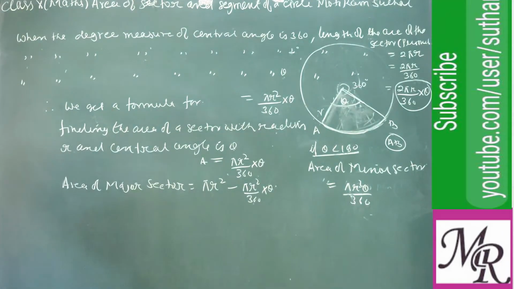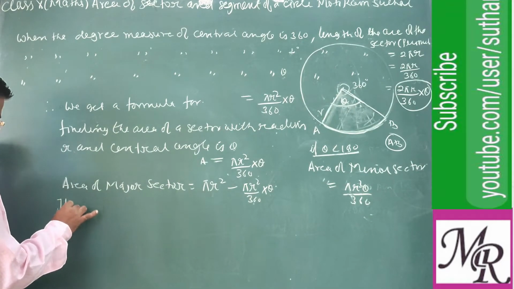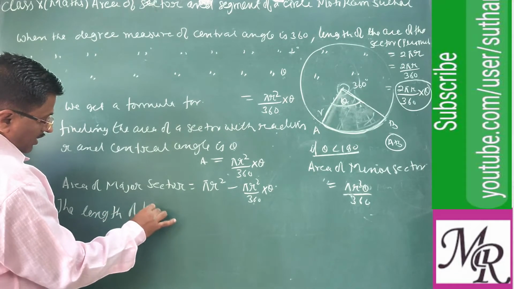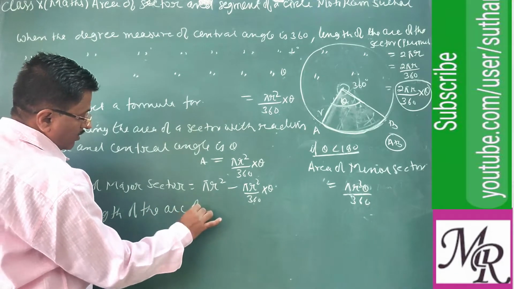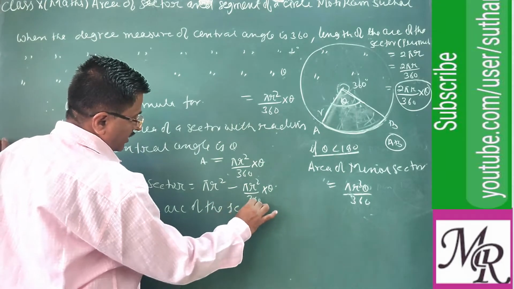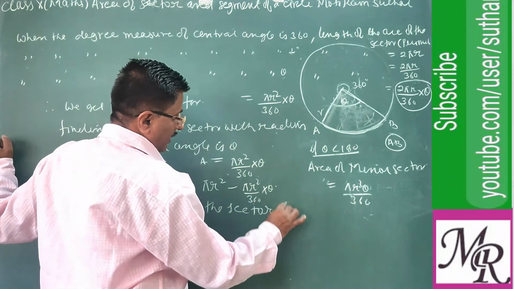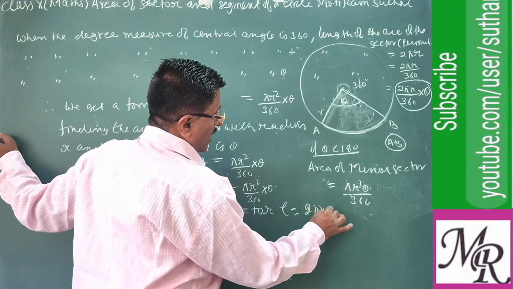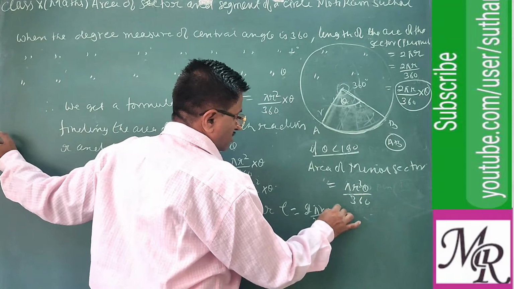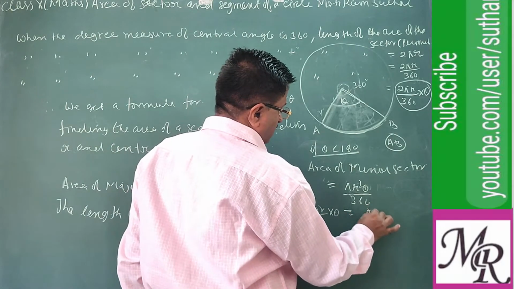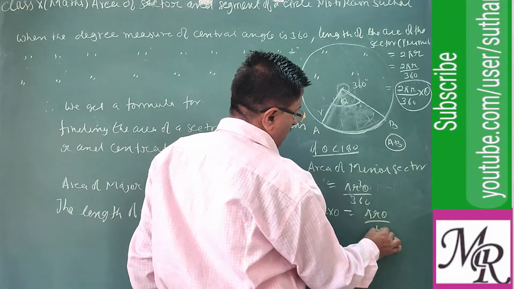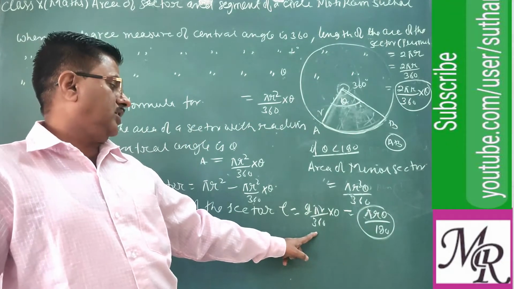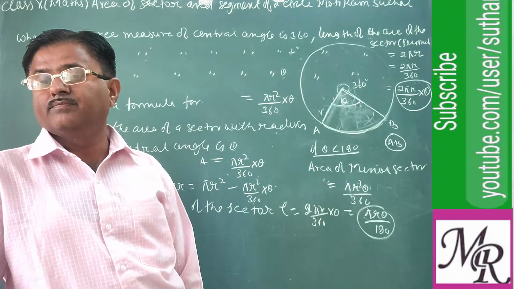So what we get, the length of the arc of the sector, L equal to 2 pi r upon 360 into theta, or it can also be written as pi r theta upon 180, because 2 divided into 360 is 180 times.